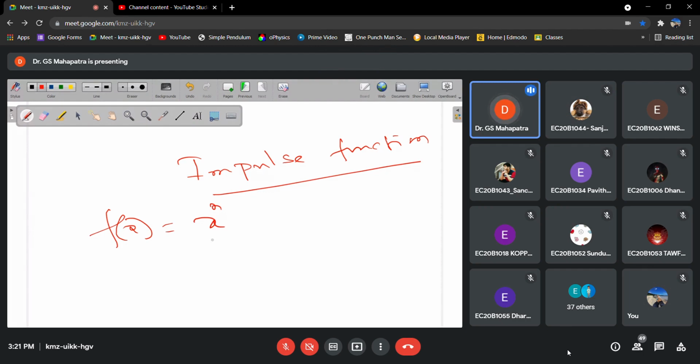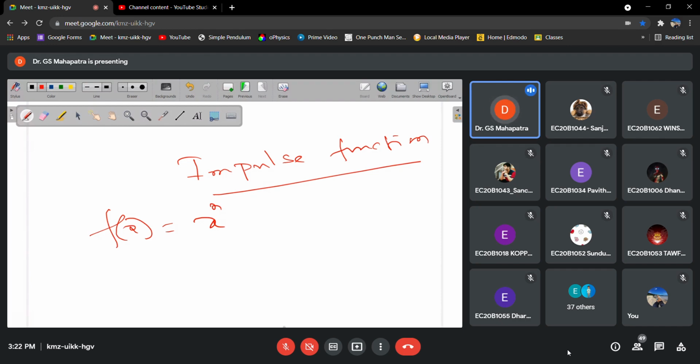So if you say periodic function, then sin x, cos x, correct? If you say unit step function, like that what you have discussed, and if you say impulsive function, the power function, x square, x cube, and so on, correct? E to the power x also like that. E to the power x or x to the power n like that. Okay, this type of function. So minimum this type of function, other function also we have to consider.